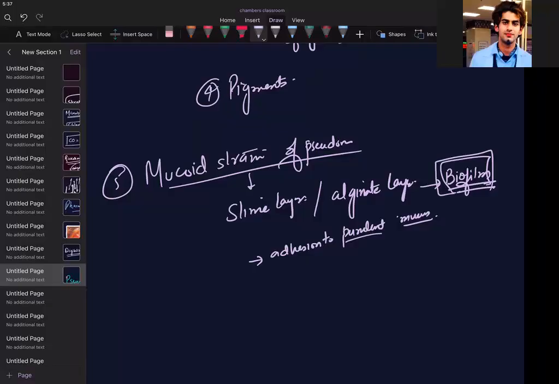Because cystic fibrosis is a genetic disease, and you will read about it in respiratory pathologies, so remember it today. So they cause infection in patients with cystic fibrosis.